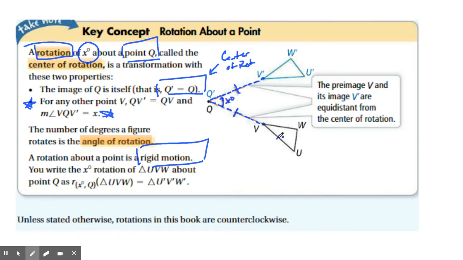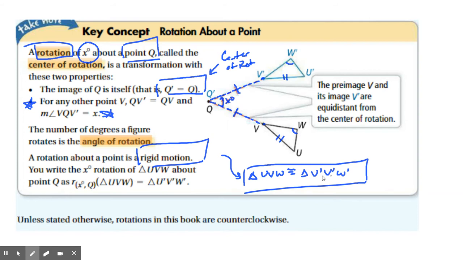For instance, UV is congruent to U prime V prime, just turned, and angle W is congruent to angle W prime. Because it's a rigid motion, your pre-image triangle UVW will be congruent to your image triangle U prime V prime W prime. So be aware of that.